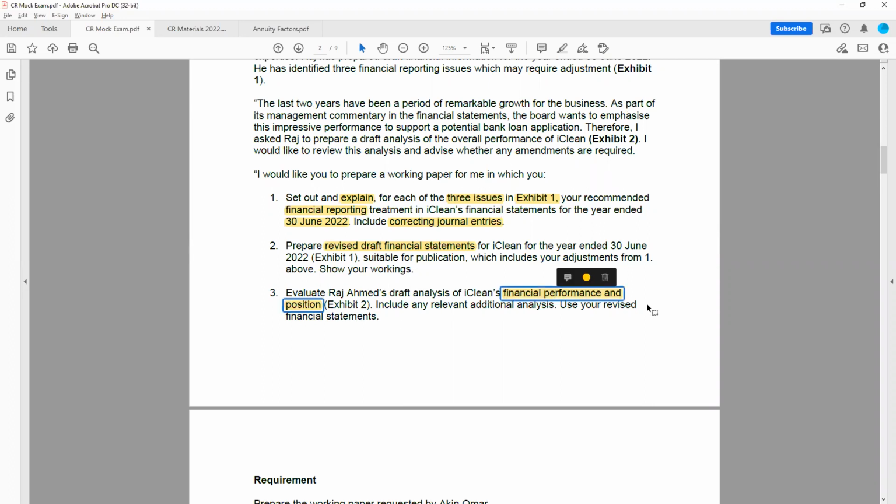This again is a common requirement in the CR exam, not always in question 2, but I think this type tends to be in question 2, when we have to analyze the financial performance and position, so financial statement analysis. We can also see this type of question in the audit questions, and we're usually doing it from the auditor's point of view, undertaking analytical procedures usually to identify risks or perhaps to gather audit evidence.